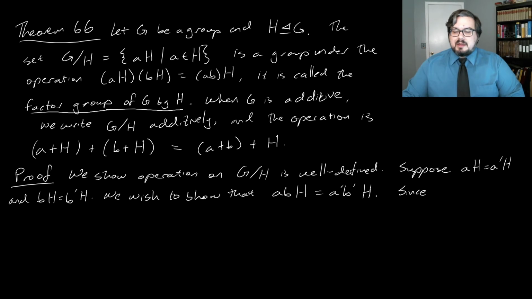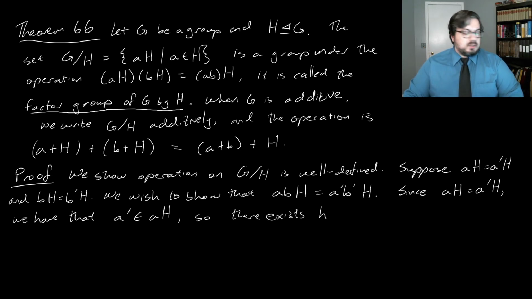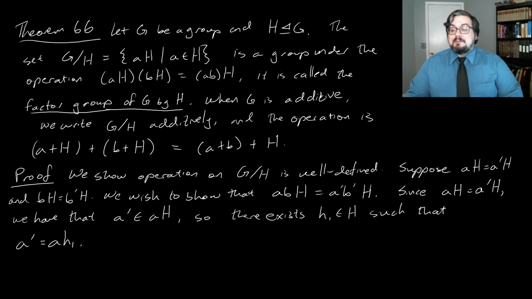We have the following. Since AH equals A prime H, we have that A prime belongs to AH, and so there exists an H1 in big H such that A prime is equal to A H1. That's what it means for the two cosets AH and A prime H to be equal.